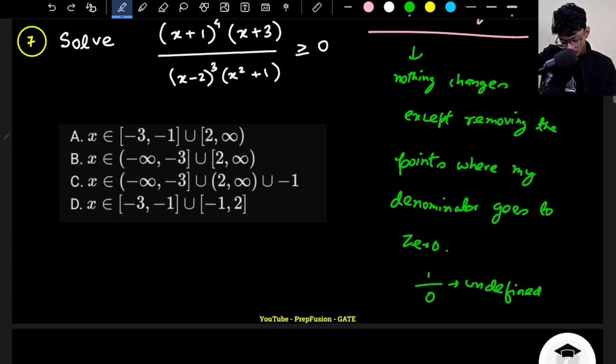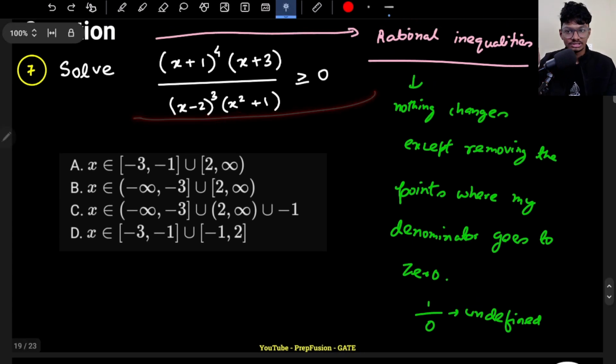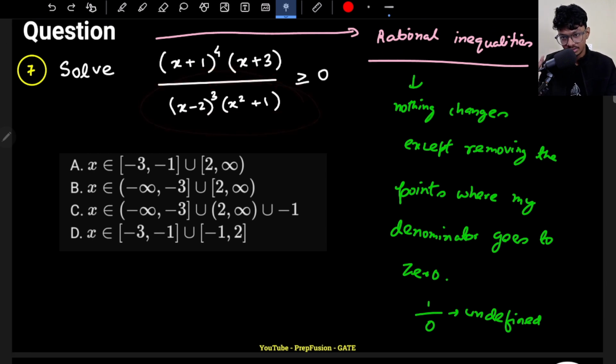And one more thing, do not think that I will cross multiply on both sides, this whole denominator. Just like if I have 1 by 6, I will cross multiply by 6 on both sides, so I will not have a fraction.